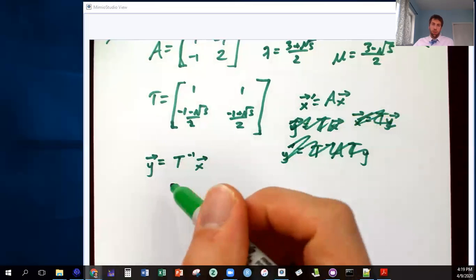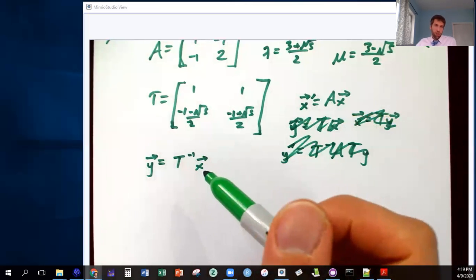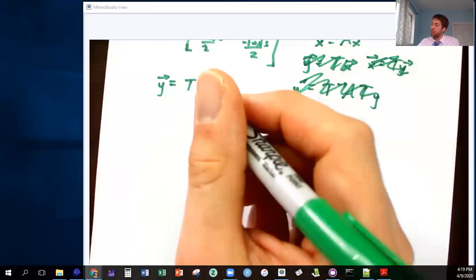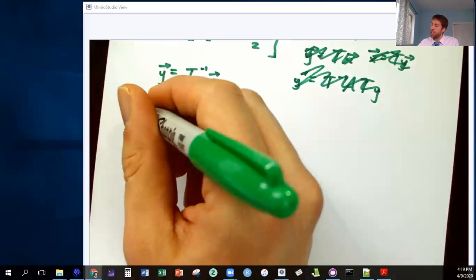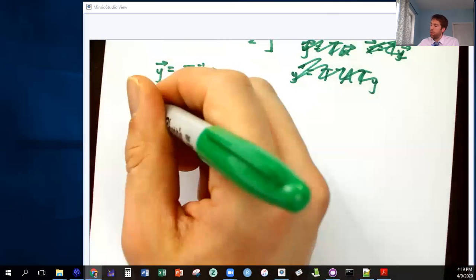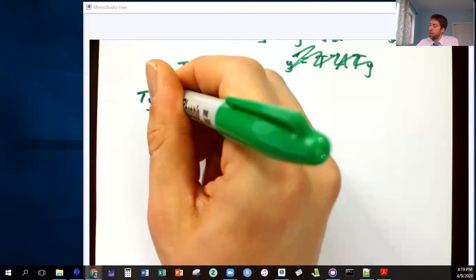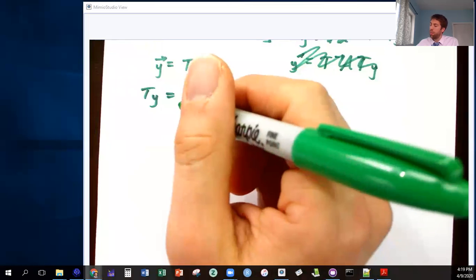Well, I can come up with a new system that's T inverse times that system. So it's just a linear transformation of that system. Then if you multiply by T, T times y equals x, because the T and T inverse will cancel out.